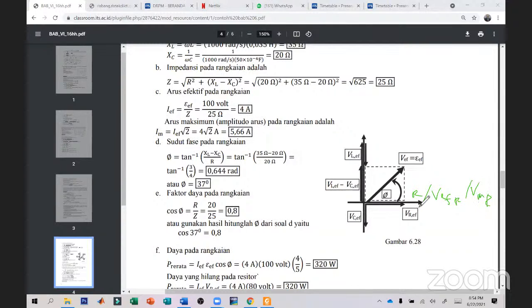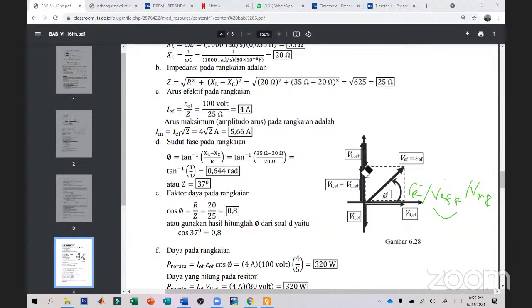You can choose by yourself, using the effective value of R or V maximum. And this solution uses the VR effective.